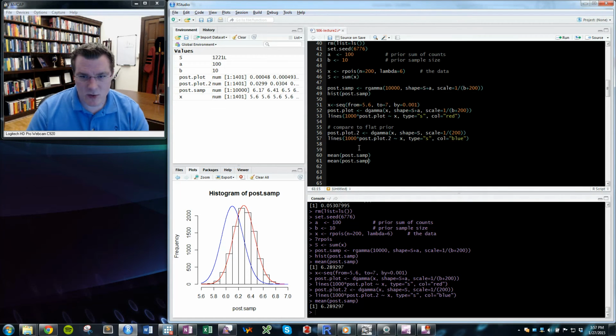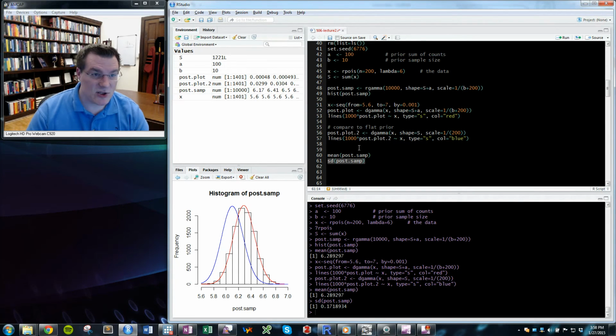And if I wanted to, I could calculate a variance of that expectation. Maybe a standard deviation would be a little more informative. Standard deviation is about 0.17. So I'm looking at 6.3 plus or minus about 0.3 events per observation based on my prior and my data.